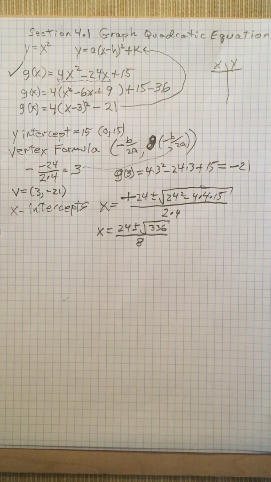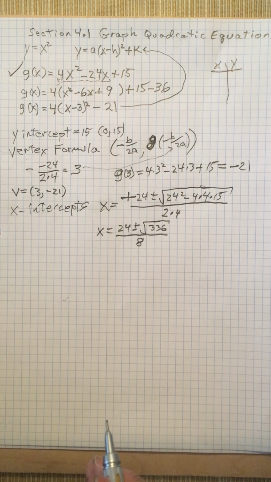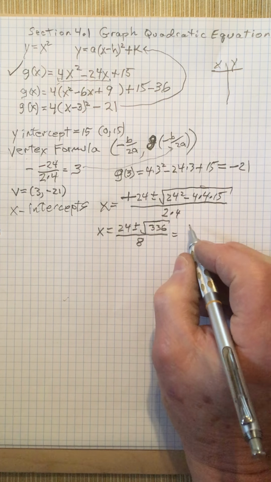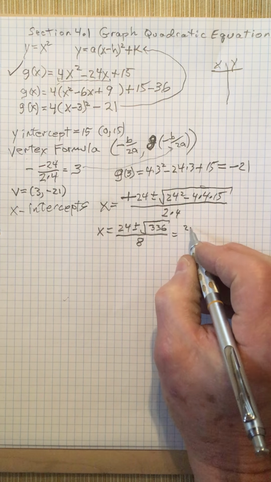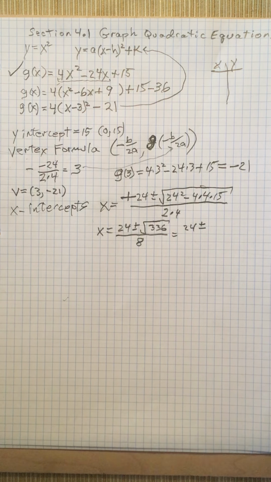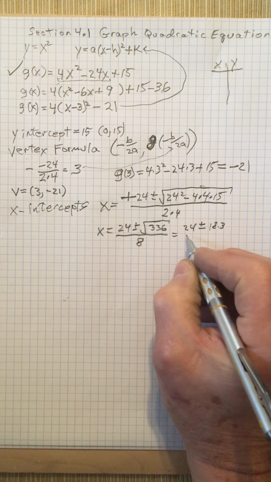Unfortunately, that's not a perfect square, so we just have to estimate it so that we can graph. We'll estimate it to the 10th because you're not going to be able to get any finer on your points anyways. So this winds up being 24 plus or minus 18.3 over 8.